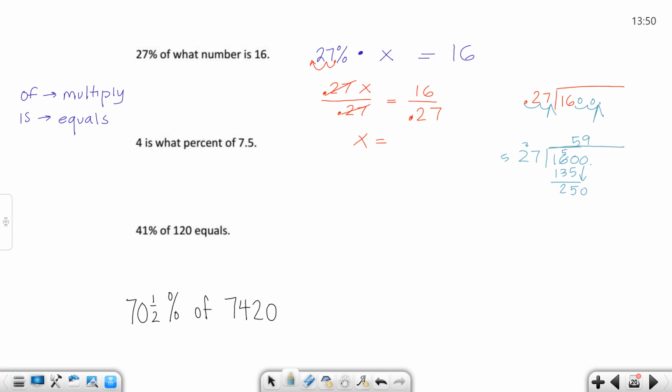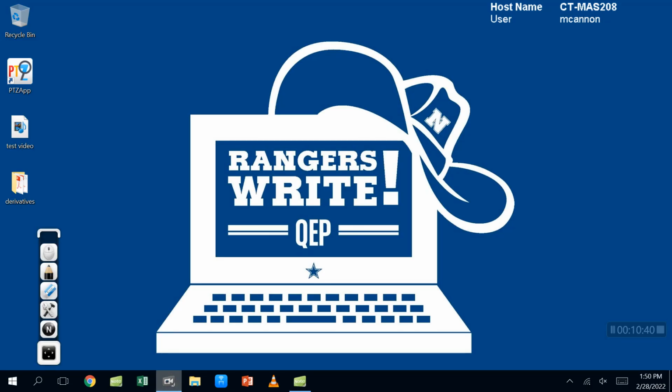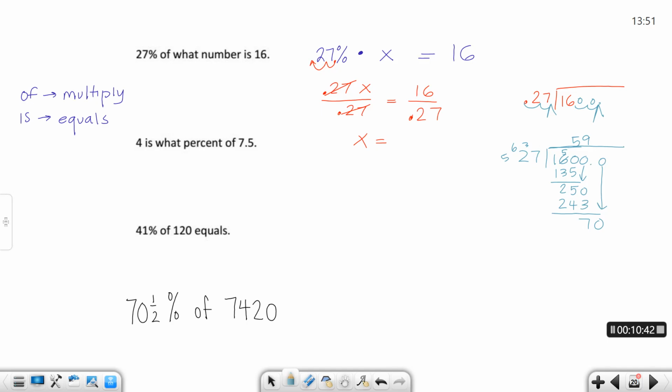Okay, so now we'll try 9. 8 was too small, so we'll try 9. 9 times 7 is 63, and 9 times 2 is 18. 18 and 6 would give me 24. I didn't remember giving you a decimal, so we're going to look at this one again. I did. I gave you one that didn't divide evenly. So let's just take it out a couple of places, and then we'll get as close as we can.